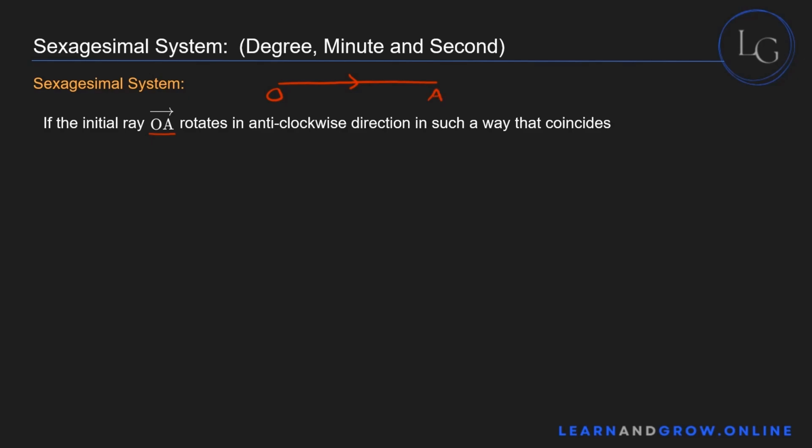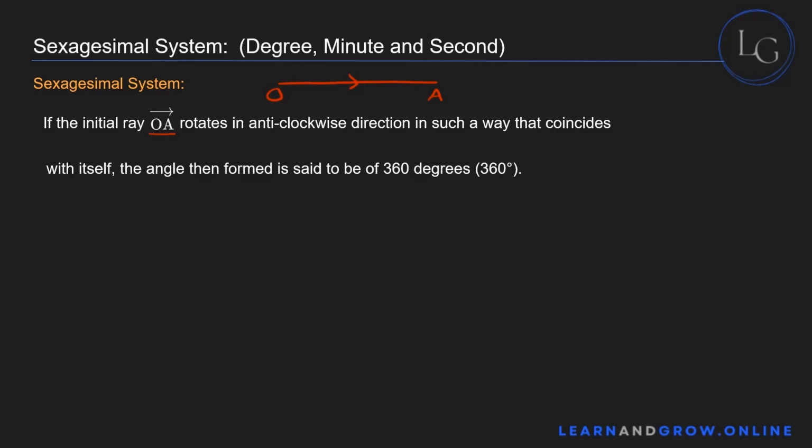If the initial ray OA rotates in an anti-clockwise direction in such a way that it coincides with itself, the angle then formed is said to be 360 degrees. You may have heard of this, but just to explain, if we rotate this line in a circle, and once it completes a full rotation, obviously it will come back to its own self.